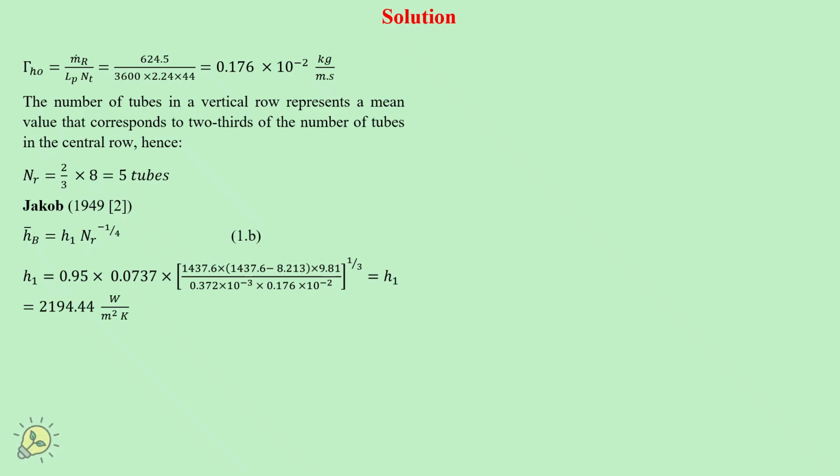If we substitute the values of the thermal properties, then we will get h1 of 2194.44 watt per meter square Kelvin, and h as a mean value will be 1467.5 watt per meter square Kelvin.